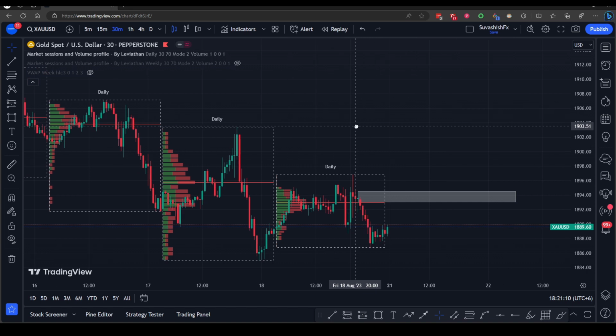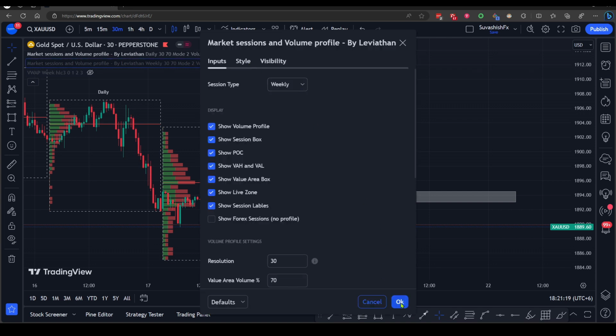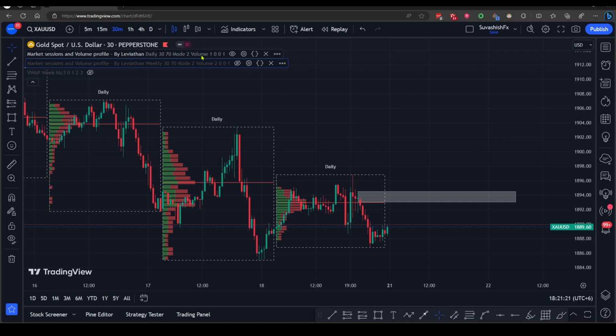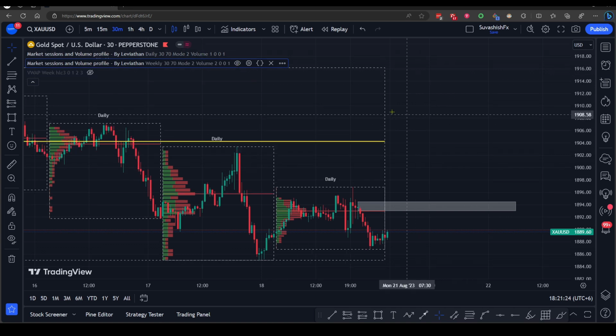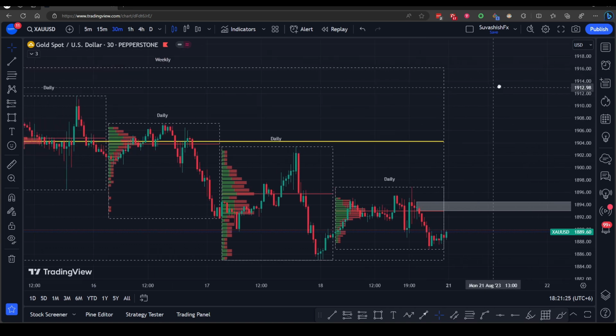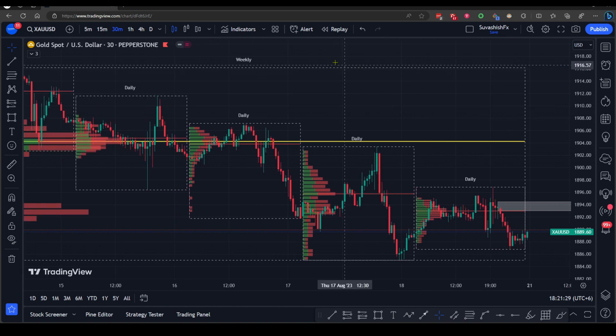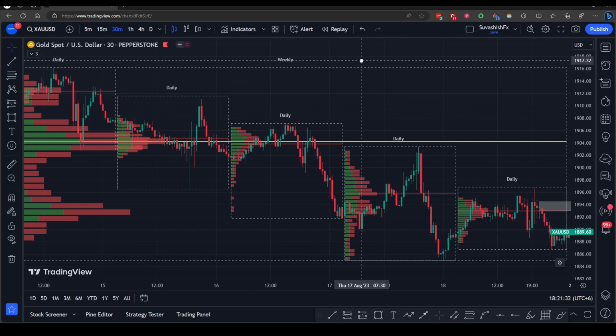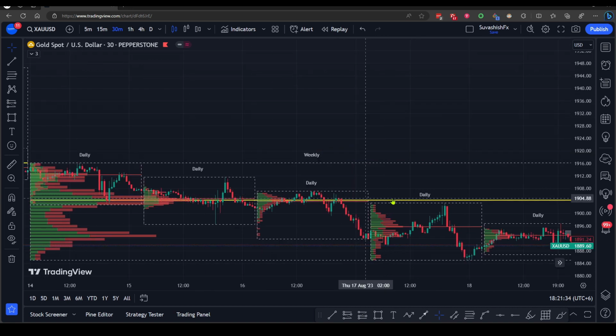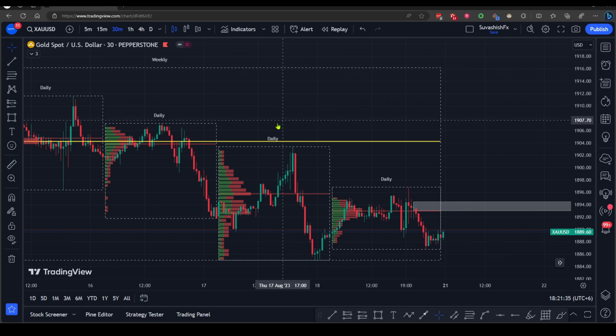So the next thing I'm going to enable is the daily volume profile, and the next one which I set up is weekly. Okay, that's the weekly, and that's the daily. If I enable the daily session, you can see where institutions last week held their position at that level, and that is still unmitigated.